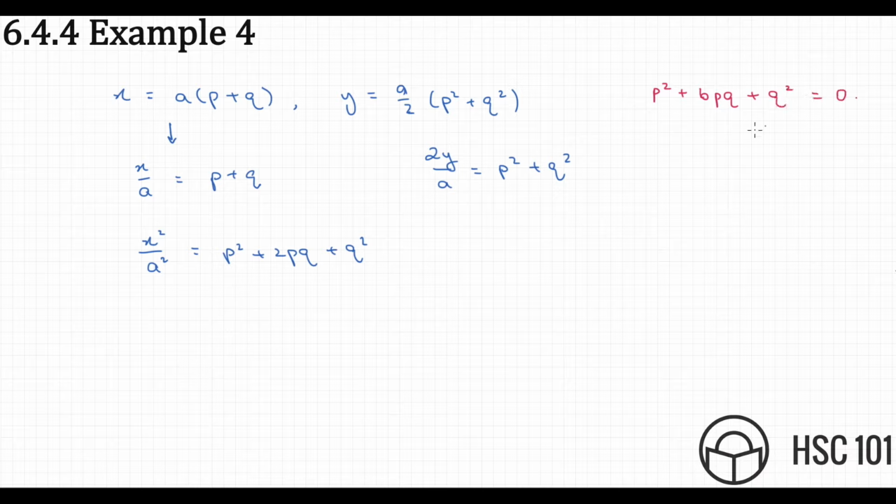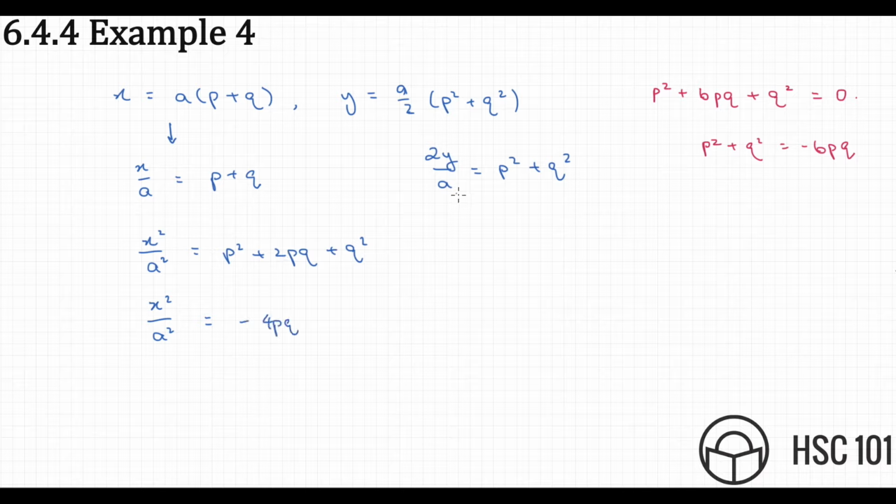So in other words, I can use this condition, which is a universal truth for us right now. If p squared plus q squared equals negative 6pq, then I can say that x squared over a squared equals p squared plus q squared plus 2pq, which is negative 6pq plus 2pq, which is negative 4pq.